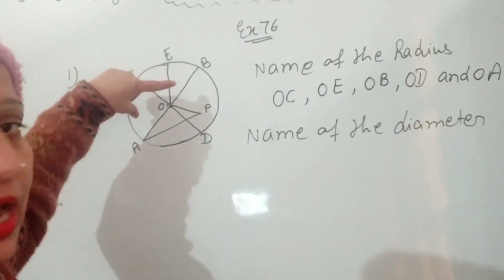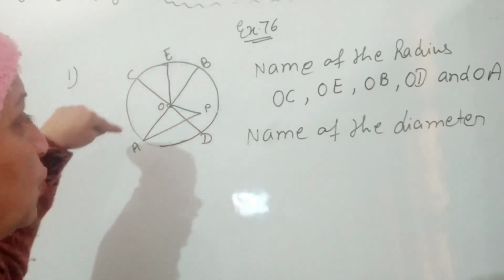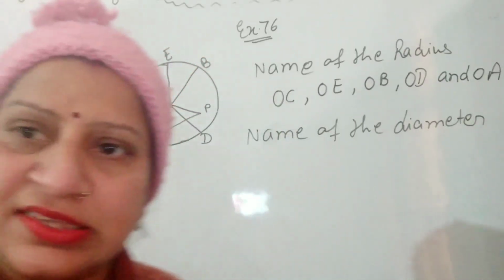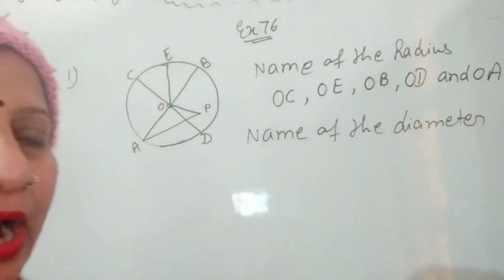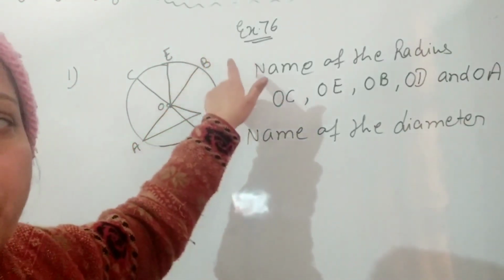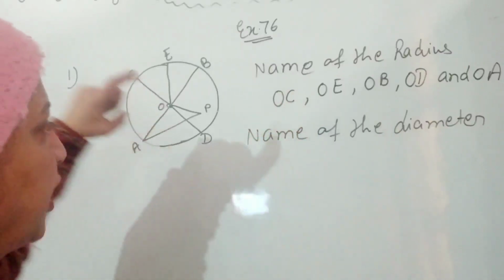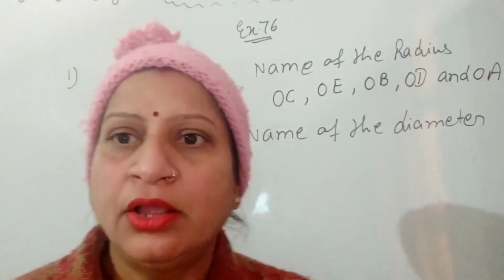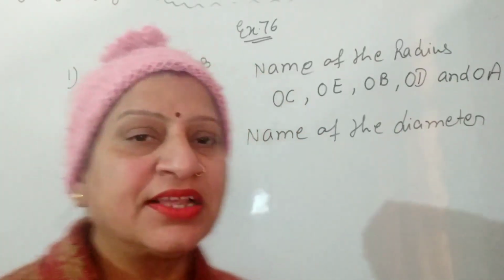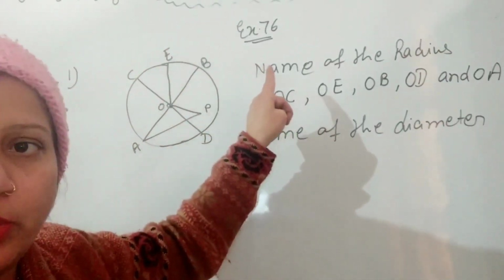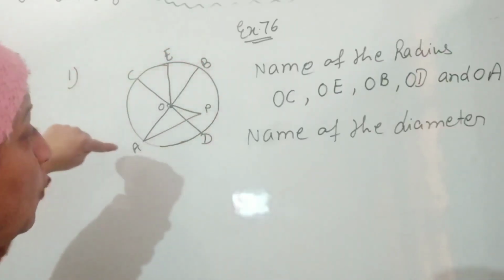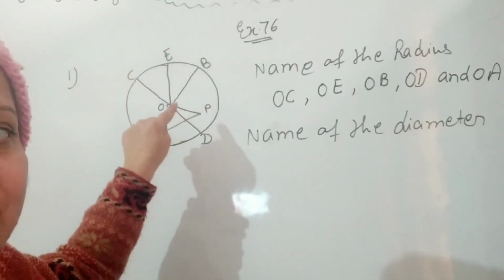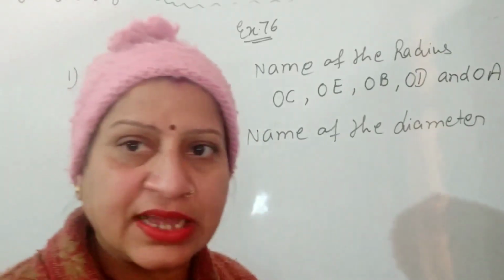Diameter is a line which passes through the center of the circle, and its two end points lie on the boundary of the circle. That is, its two end points will be on the boundary of the circle, and by these two points the line passes through the center of the circle.